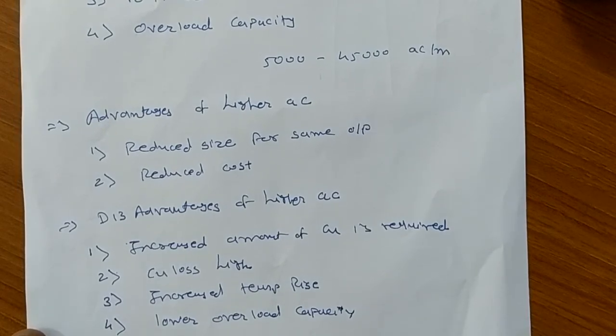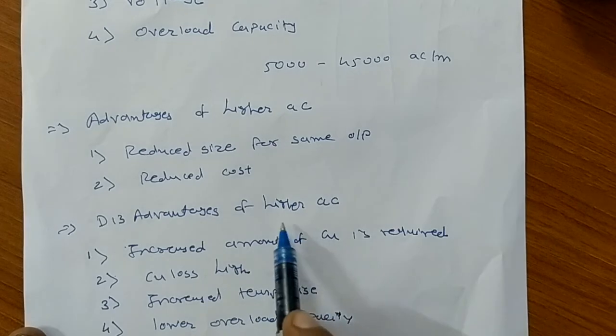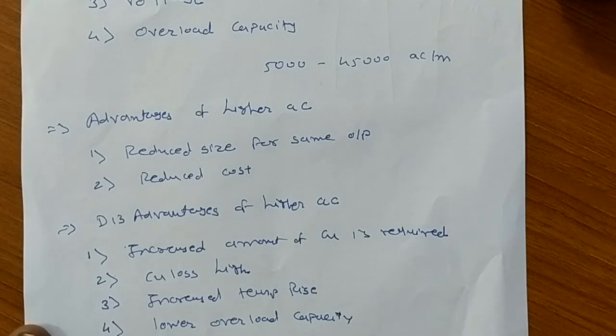So again, how are overload capacity and the value of AC related? If a higher value of AC is selected, then the number of turns per phase, let us say it is T, is going to be high. If the number of turns is high, then leakage reactance, let us say XL, will become high. If XL is becoming high, then the diameter of the circle diagram is going to become low.